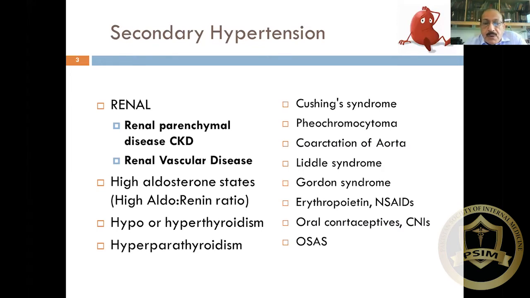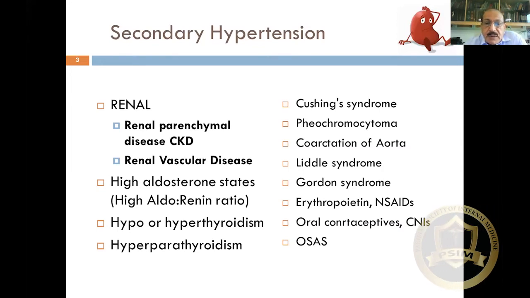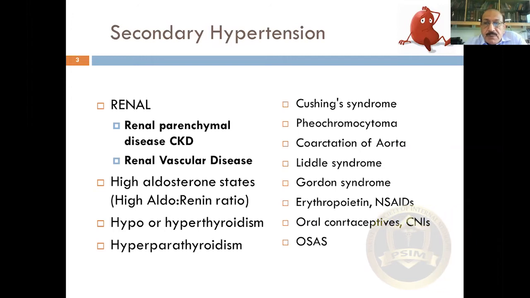And then the oral contraceptives have been discussed. Calcineurin inhibitors, which are used widely in the renal population in transplant patients, and obstructive sleep apnea being increasingly recognized as a cause of hypertension.